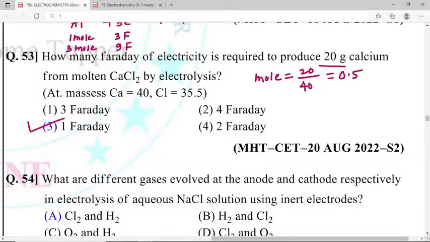Because calcium 2 plus plus 2 electrons gives calcium, 1 mole calcium requires 2 Faraday. So 0.5 mole calcium requires how many Faradays? 1 mole requires 2 Faraday, 0.5 mole requires 1 Faraday. So simple.